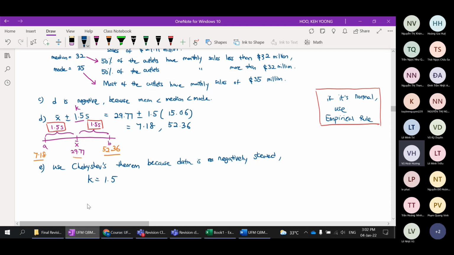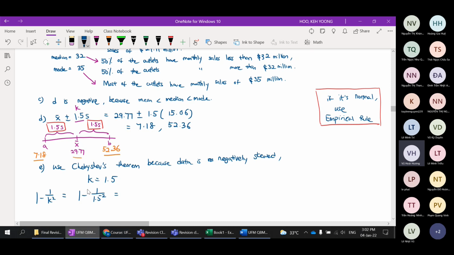So we will substitute into the formula, 1 minus 1 over k squared. Remember, this formula is to find the percentage when you're given an interval.